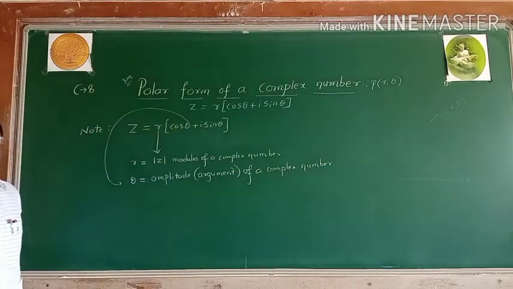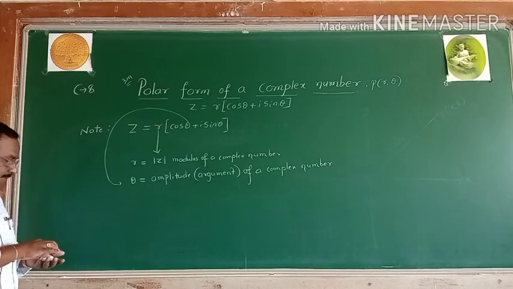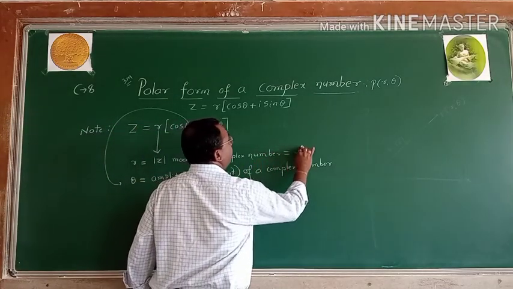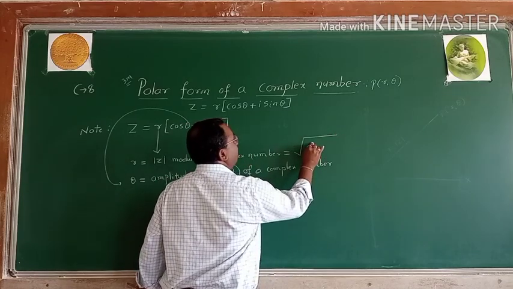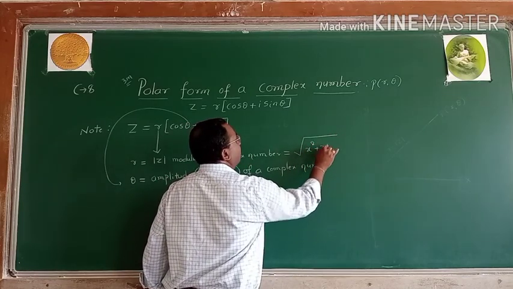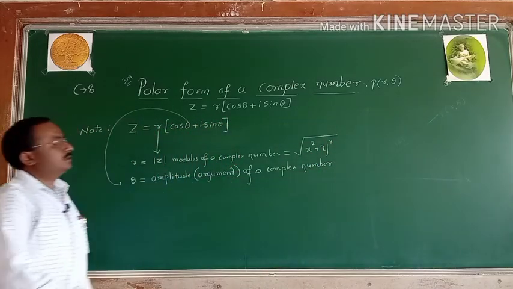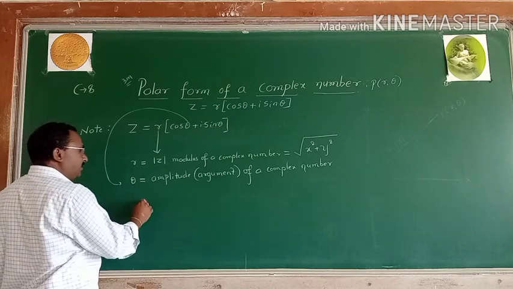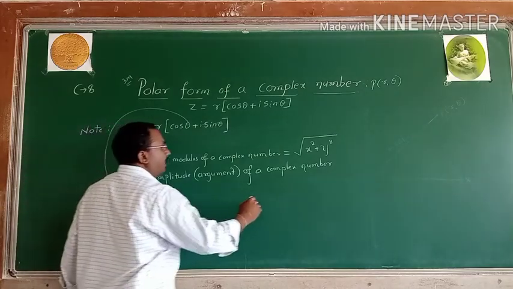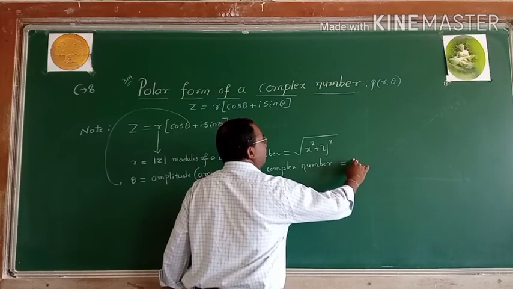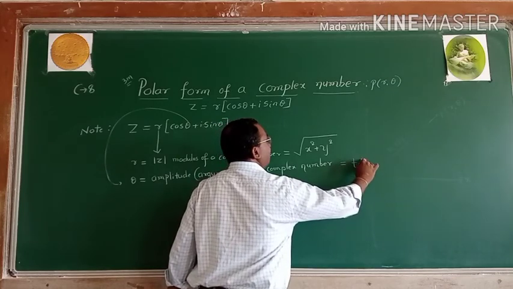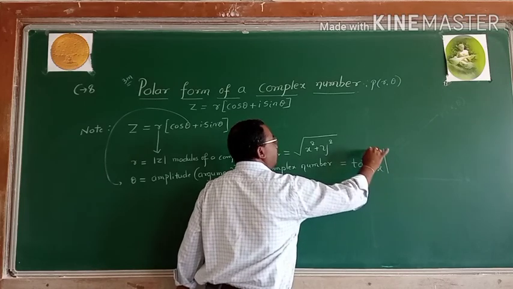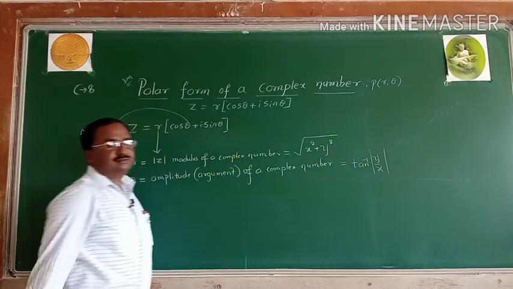Here the modulus of z represents the square root of x square plus y square. And theta, the amplitude, is equal to tan inverse y by x, but the argument is always positive, so we take the modulus.